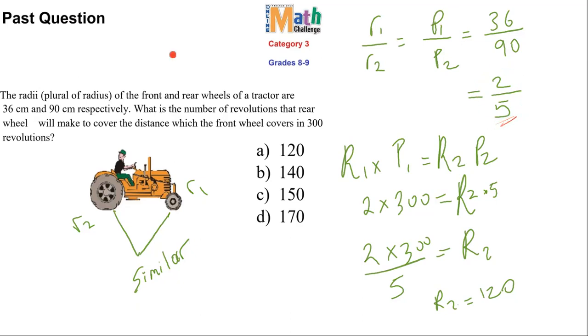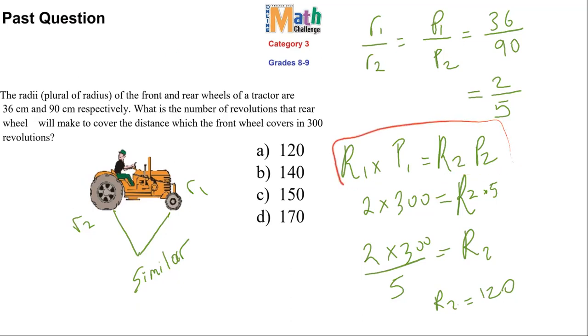So let's keep it first. Second, to calculate the distance, we need to multiply number of revolutions by the perimeter of circle. So since they cover the same distance, these 2 must be equal for these 2 wheels. So revolution 1 times perimeter 1 should be equal to revolution 2 times perimeter 2.